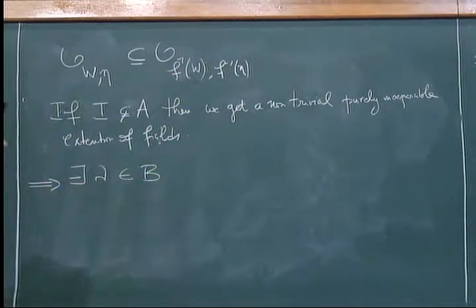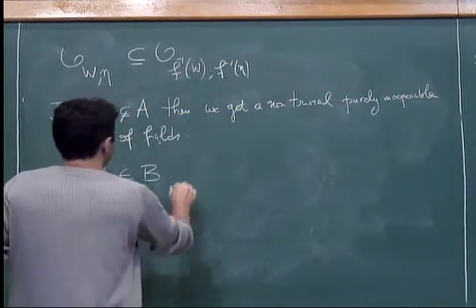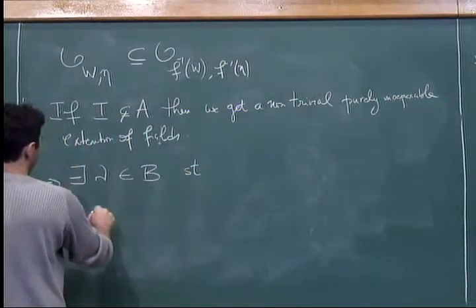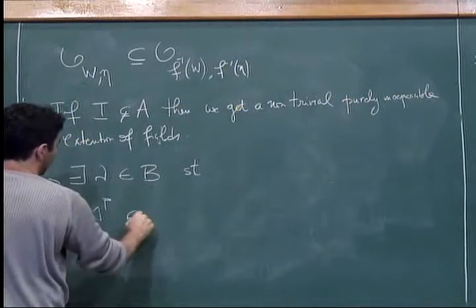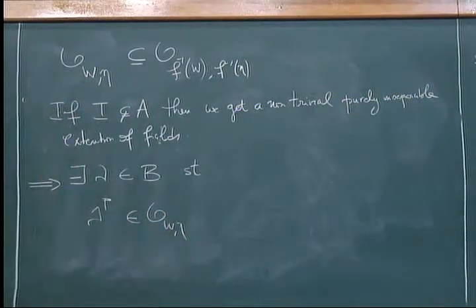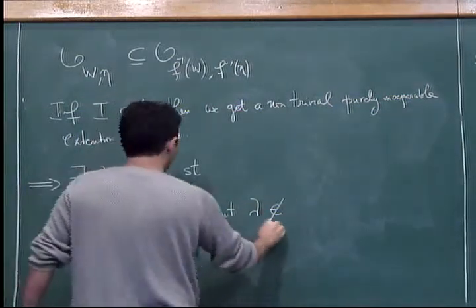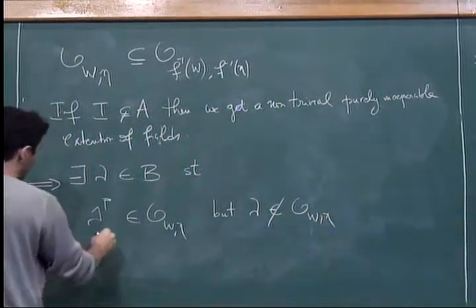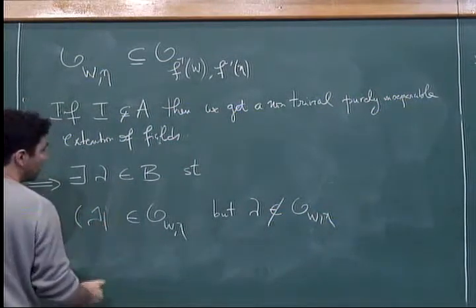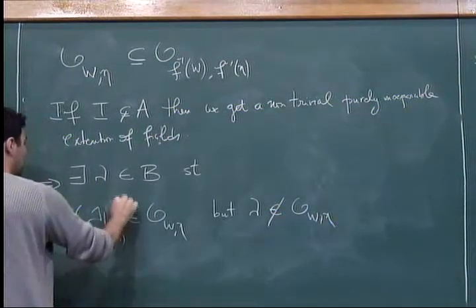So if necessary, again shrink X, a global function on Y such that lambda to the power p comes from the base, but lambda does not come from W. So here, maybe I should have written lambda restricted to the inverse image.